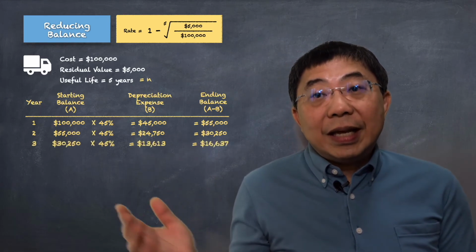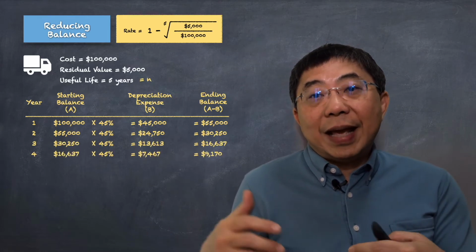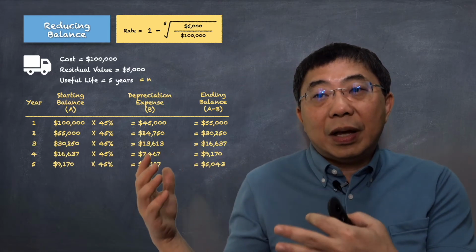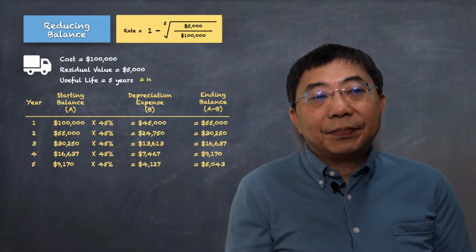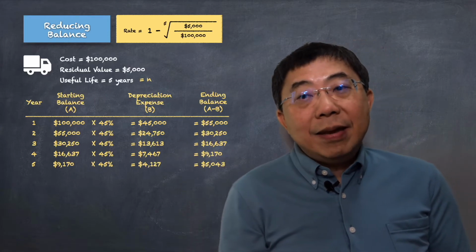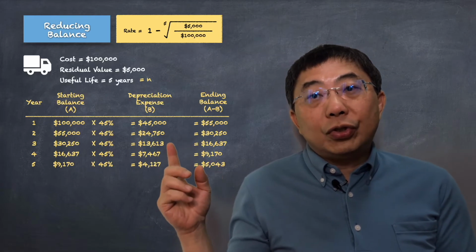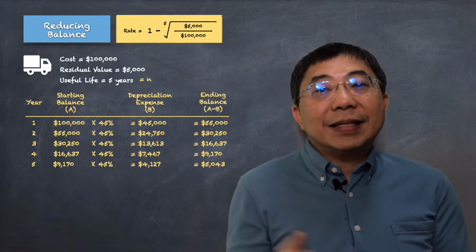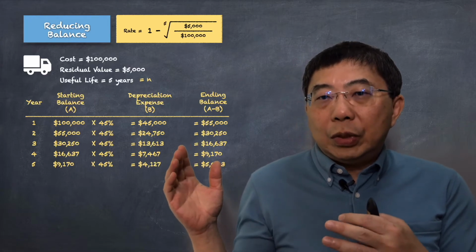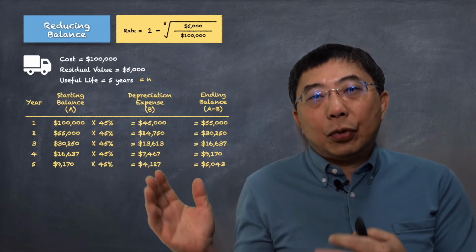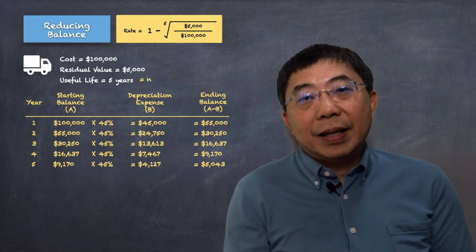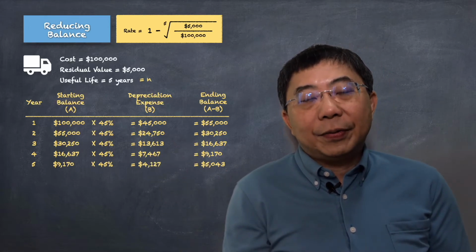Now, this calculation is then repeated for the next 3 years of the useful life of the asset. Note that at the end of the useful life, the balance is close to the residual value of the asset, which we assume will be recovered through the disposal of the asset at the end of its useful life.